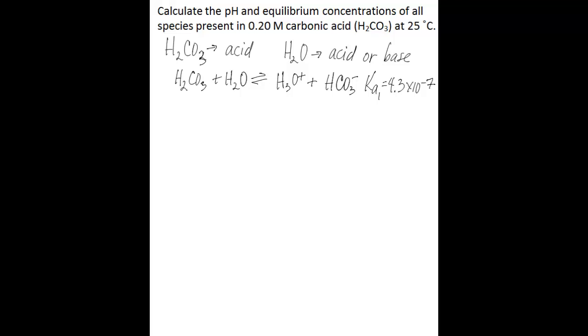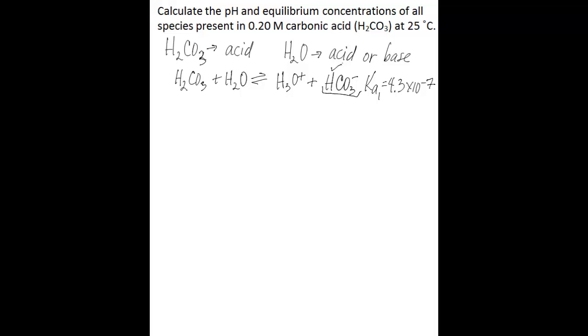So the Ka2 value will be for the case when bicarbonate, which is one of the products in this reaction, donates its other proton to water to give another conjugate base and another hydronium ion. But for now, we're just going to deal with Ka1.